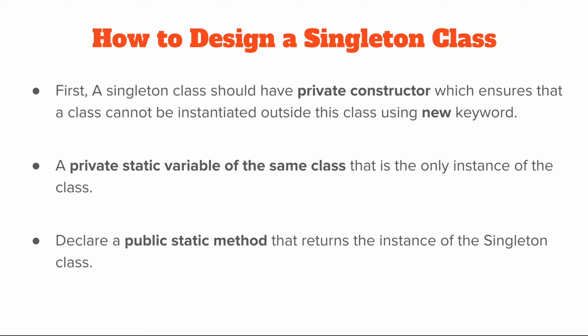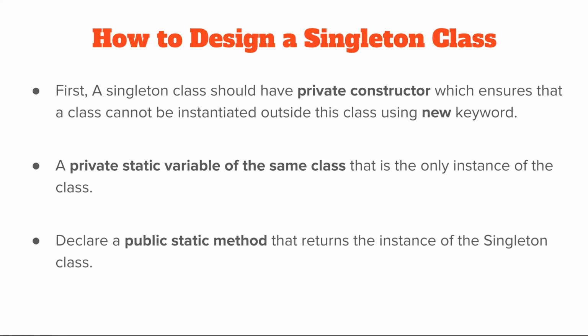Any class that needs the instance can call this method. Because we have prevented instantiation using the new keyword, through this method we control its instantiation, right?